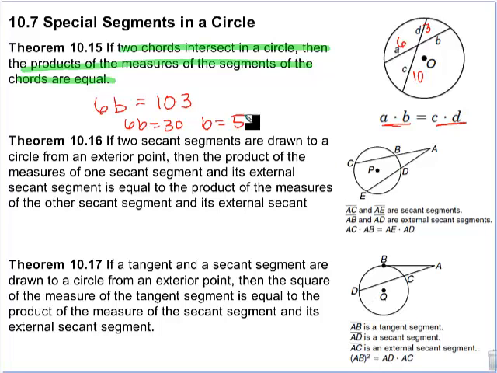It's kind of like cross multiply. Not really. No, the products are from the same line. So notice 10 and 3 are on the same line, so we want to take 10 times 3. And 6 and B are on the same line, so you would take that equal to 6B.